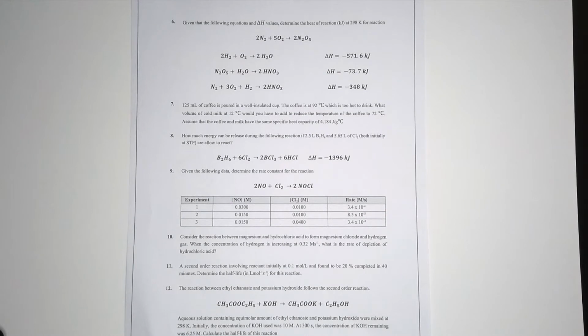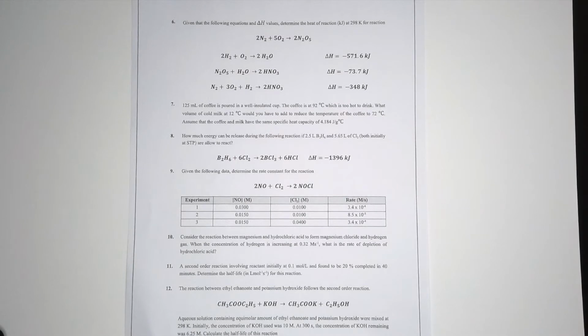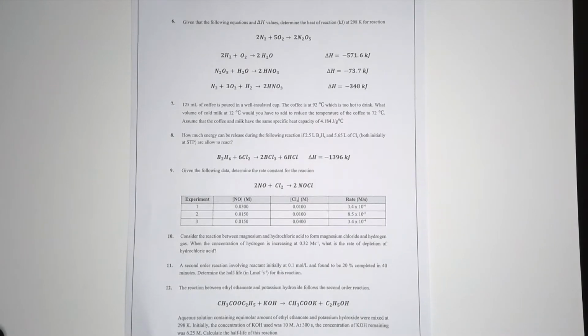Question number 11. A second order reaction involving reactant initially at 0.1 mole per liter is found to be 20% completed in 40 minutes. Determine the half-life in liter mole per second for this reaction. Given to you is the initial concentration, and it states that it will be 20% completed in 40 minutes.